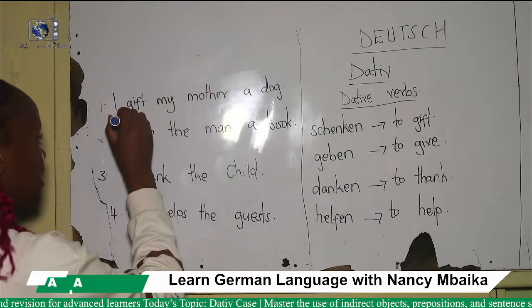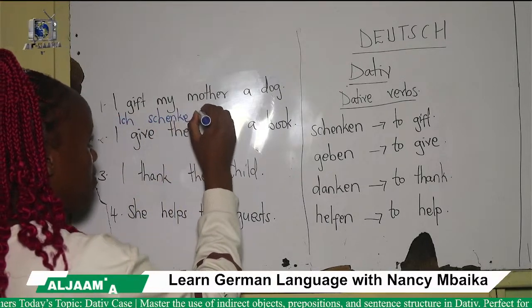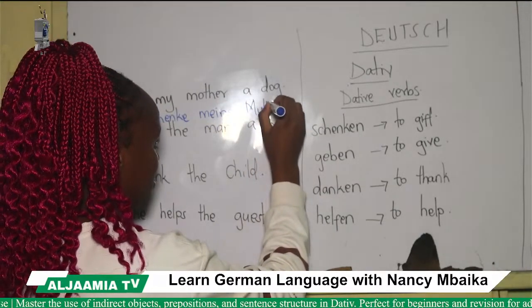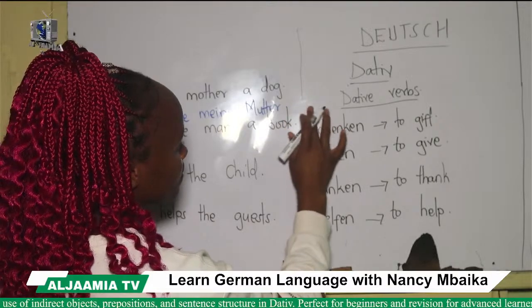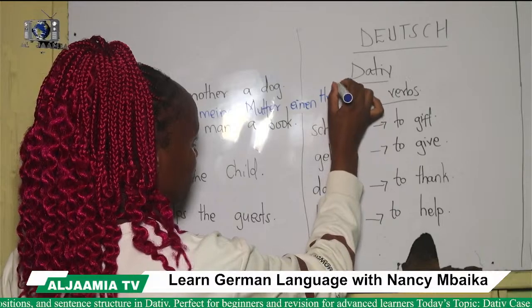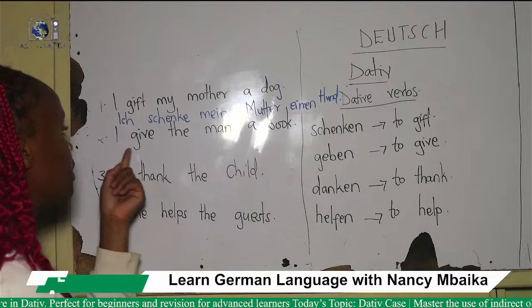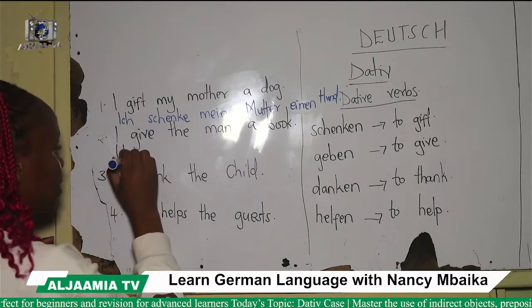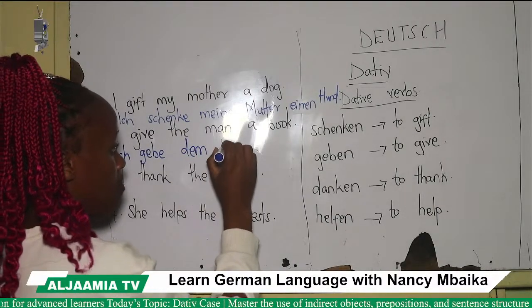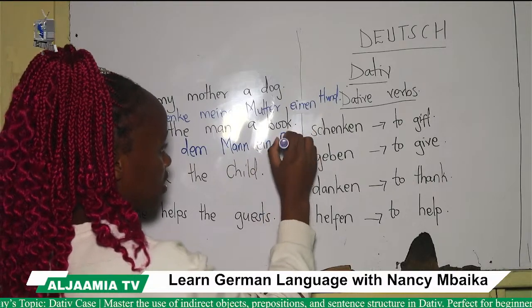So I gift is schenke meiner Mutter einen Hund. So ich schenke meiner Mutter einen Hund. I give the man a book. Ich gebe dem Mann ein Buch.